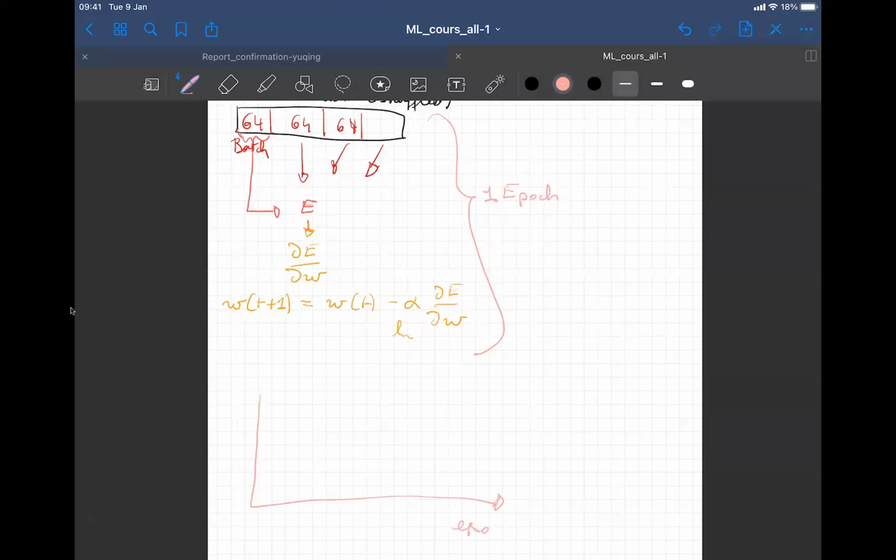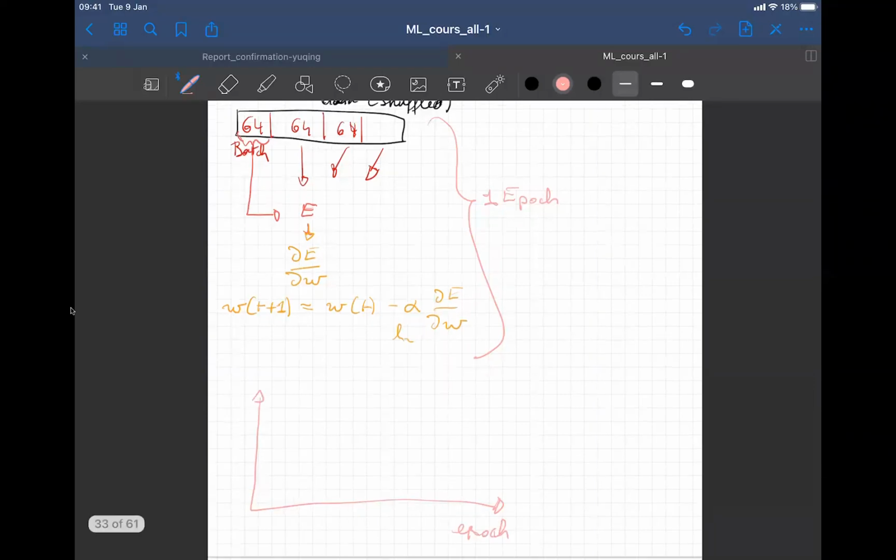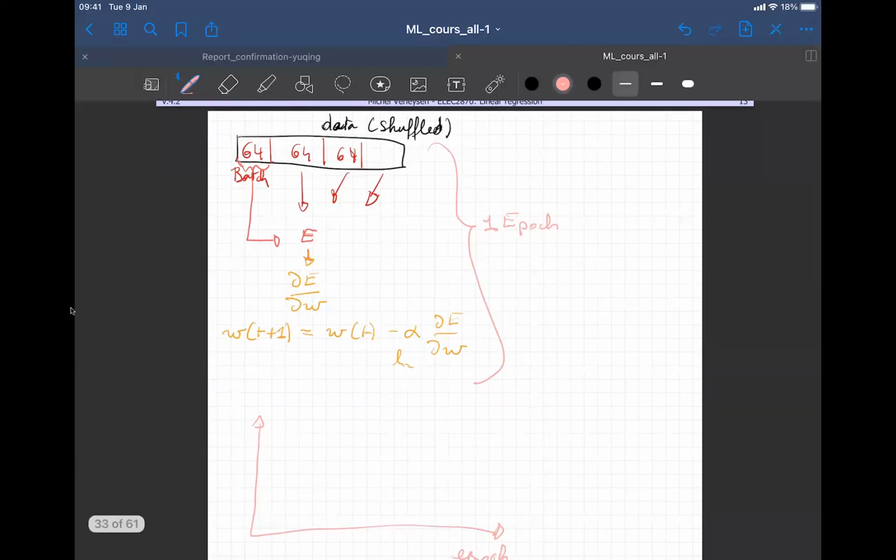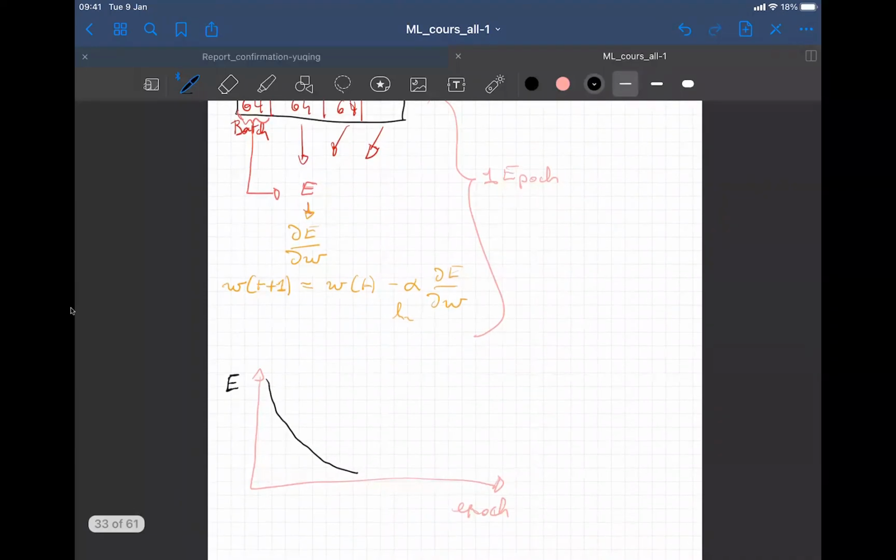What you should remember is that one epoch means that all the data has passed through the gradient, and you have seen all the data once, and then you can repeat multiple times. And of course, when you do this, what you see is that your loss or your error, so what you want to minimize, is decreasing as a function of the epochs.